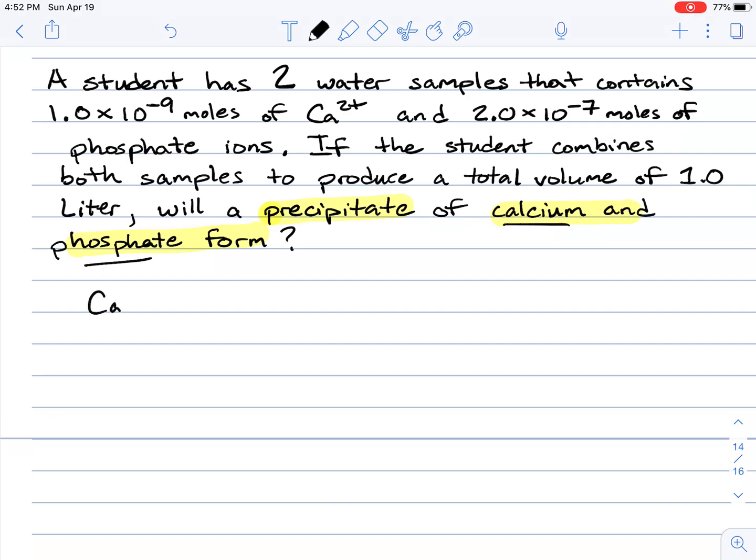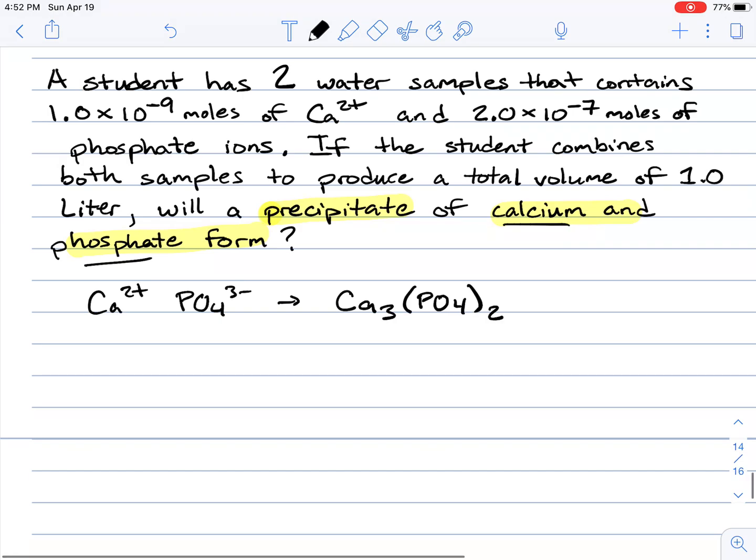Since calcium has a fixed charge of +2 and phosphate has a fixed charge of -3, if you crisscross the values of those charges or balance the charges, however you learned it in the first semester of general chemistry, you will get 3 calciums for every 2 phosphates.